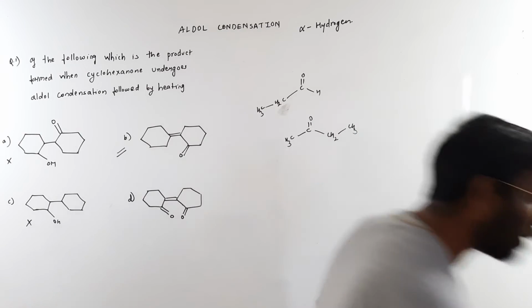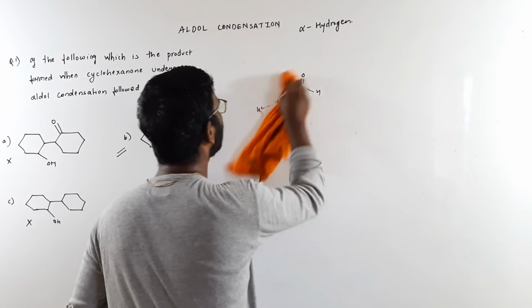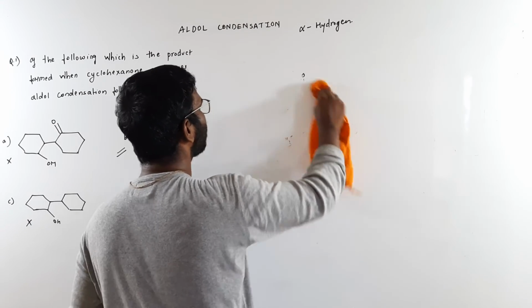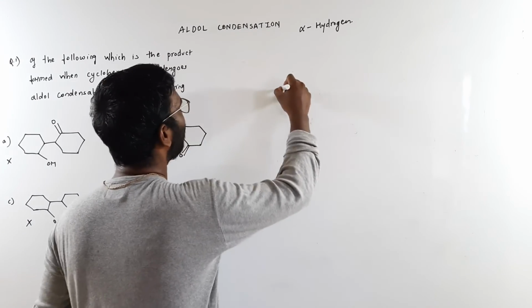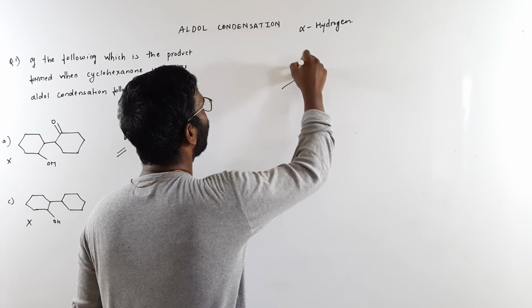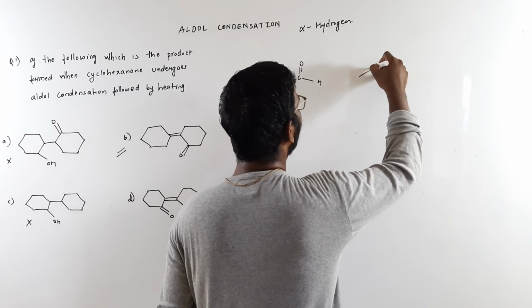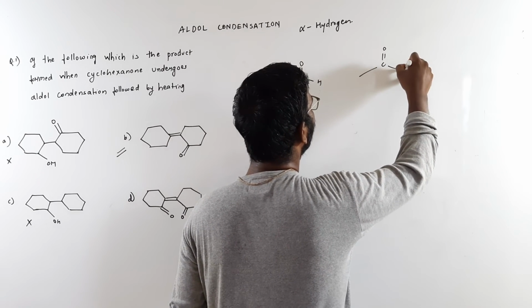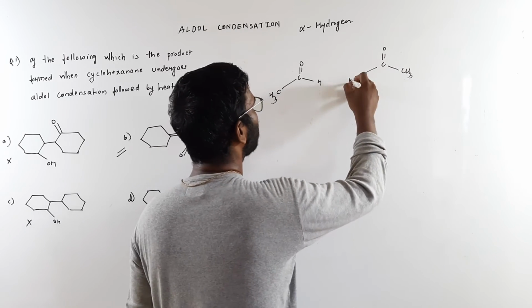But if it is a case of cross aldol condensation, where I am taking one aldehyde and the other to be some ketone, which alpha hydrogen are you going to abstract first?